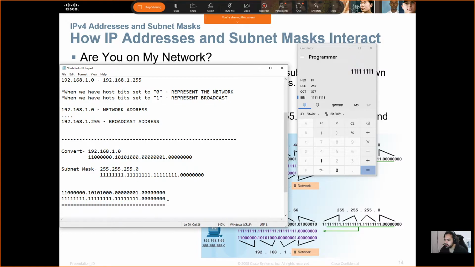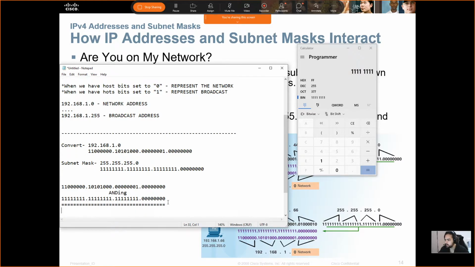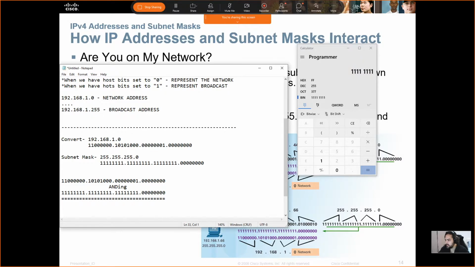So once we do the ANDing, that basically means 1 times 1, 1. 1 times 1, 1. 1 times 0, 0. 1 times 0, 0. 0, 0, 0, 0.